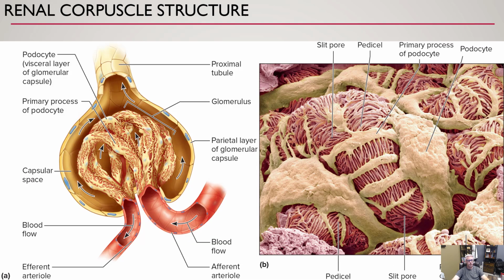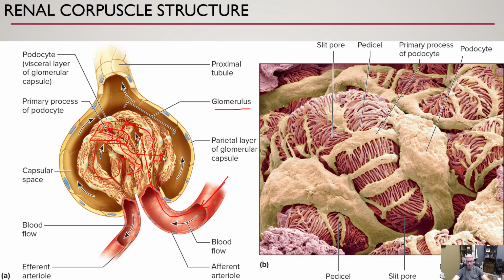Here's another picture diagram. We have a renal corpuscle that consists of the glomerulus. So here's your glomerulus and your capsule, that glomerular capsule or the Bowman's capsule, whatever you want to call it. We have that afferent arteriole that is thicker. Blood comes in that afferent arteriole and winds its way through this first capillary bed.